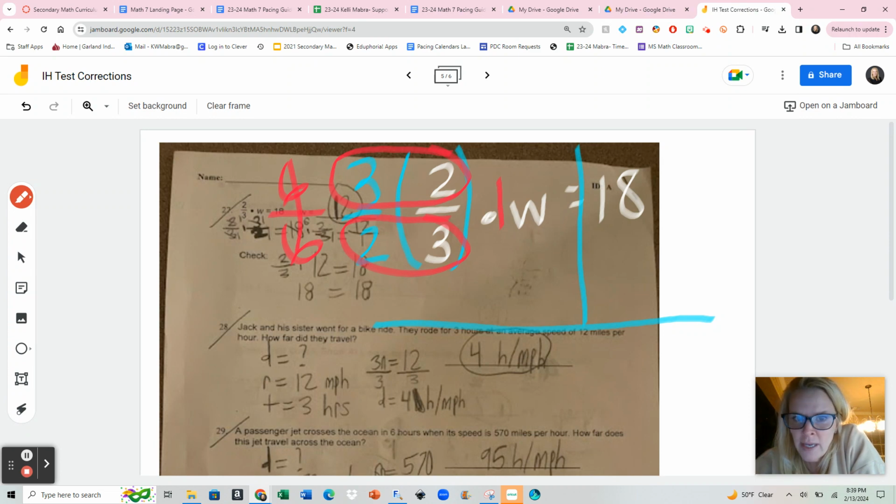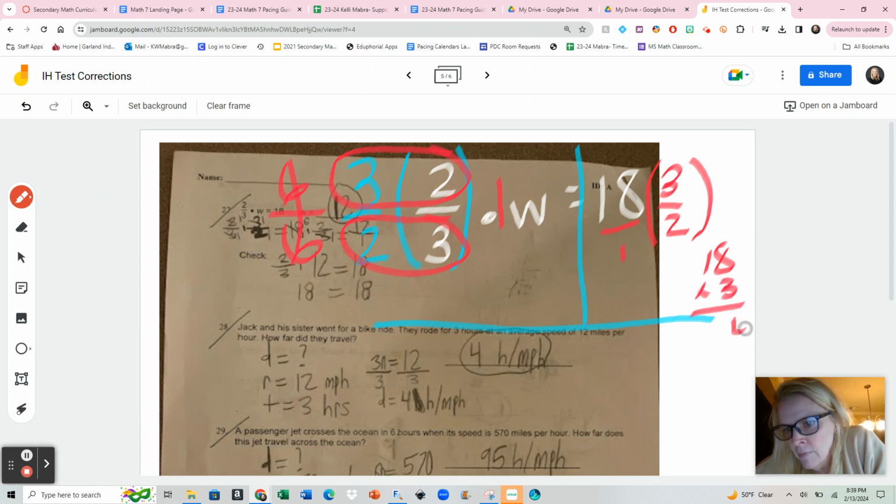What you do to one side of the equation, you must also do to the other side. So we're multiplying by the reciprocal, 3 over 2, and 18 is really 18 over 1. 18 times 3 is 54, so I have 54 over 2.